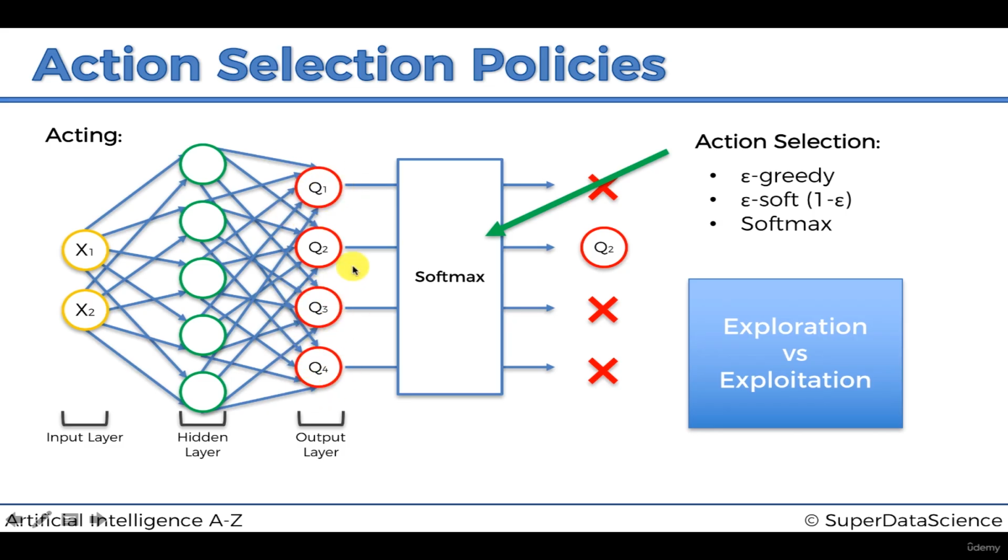Or if you set epsilon to 0.05, that means that 95% of the time, the agent is going to be taking the action with the highest Q value, but 5% of the time, it's still going to be selecting a random action. So it's going to be going out there and exploring.